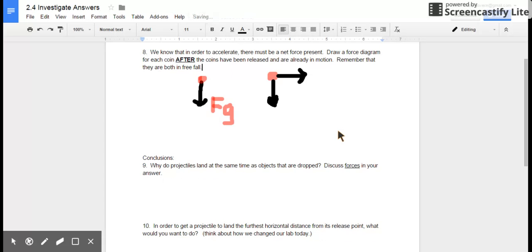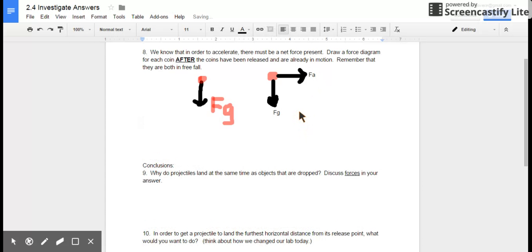So while this right here is the force of gravity, which I'll draw right here, and this right here is the applied force, these forces are completely independent of each other. They have no bearing on what the other one does. So I'm going to make a note of that right here.